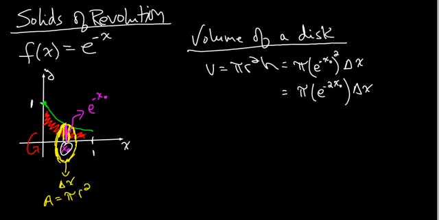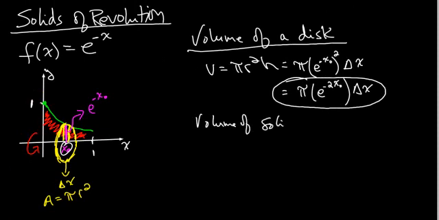So the volume of the solid is going to be given by the integral from 0 to 1 of pi times e to the negative 2x, not x naught, just x, because now I'm doing it for all of them, dx.